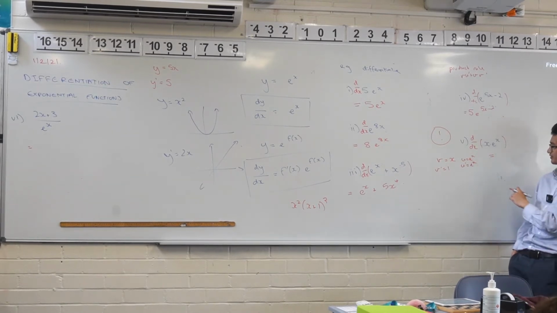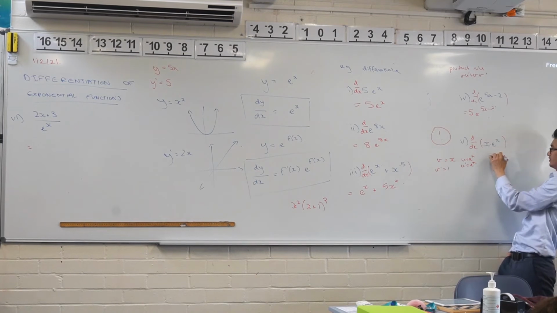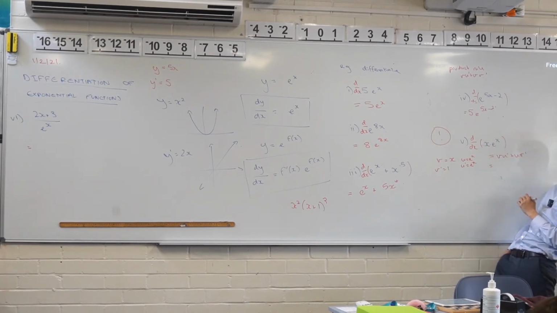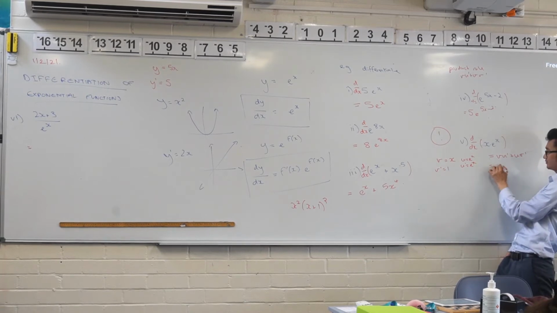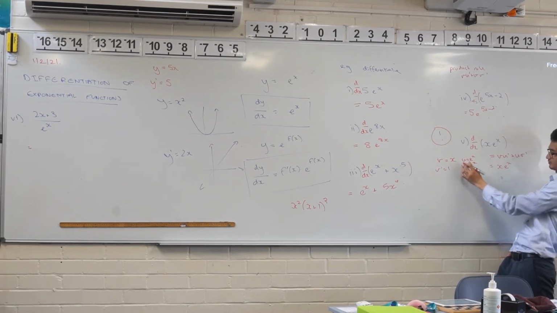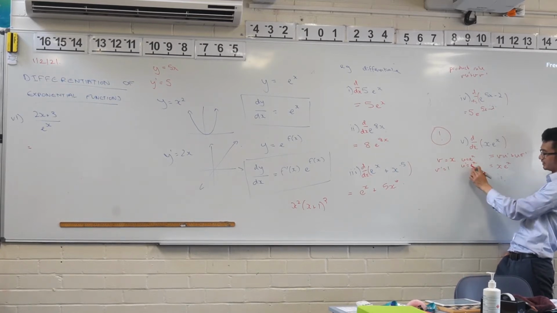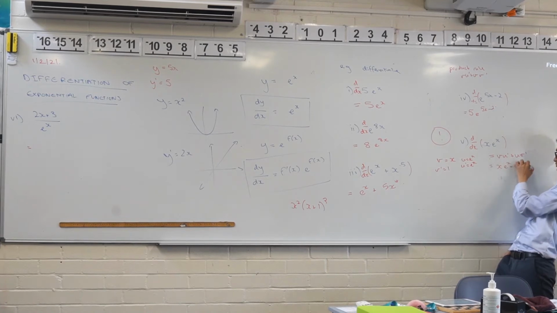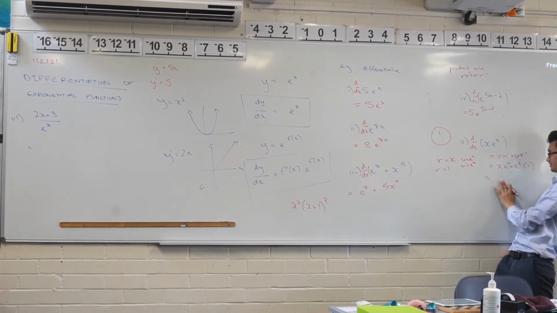So the derivative would be u dash v plus u v dash, which is x times e to the x plus e to the x times 1. So x times e to the x plus e to the x times 1, which is just going to be x e to the x plus e to the x.